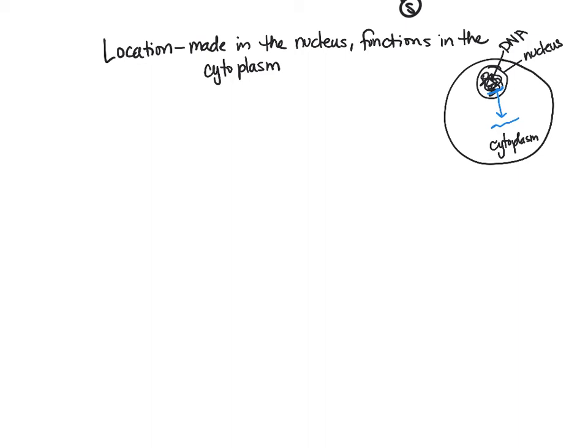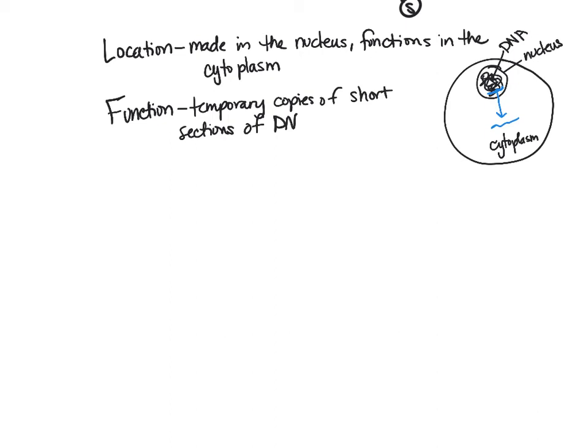So the function of RNA, once it gets into the cytoplasm, is that they are temporary copies of short sections of DNA used to make a protein.